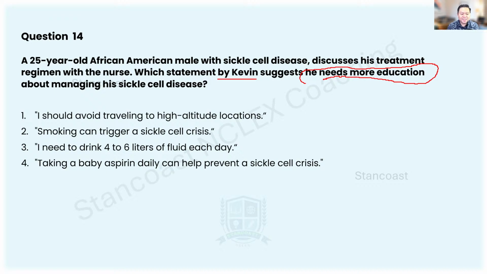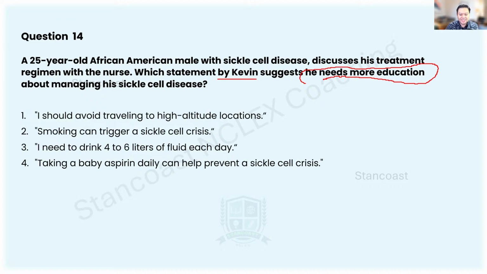Is it 1, I should avoid traveling to high altitude locations? 2, smoking can trigger a sickle cell crisis? 3, I need to drink 4 to 6 liters of fluids each day? And 4, taking a baby aspirin daily can help prevent a sickle cell crisis.